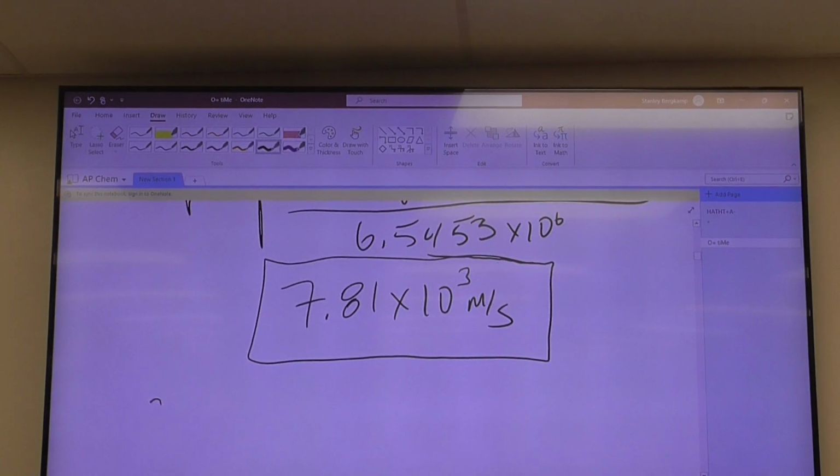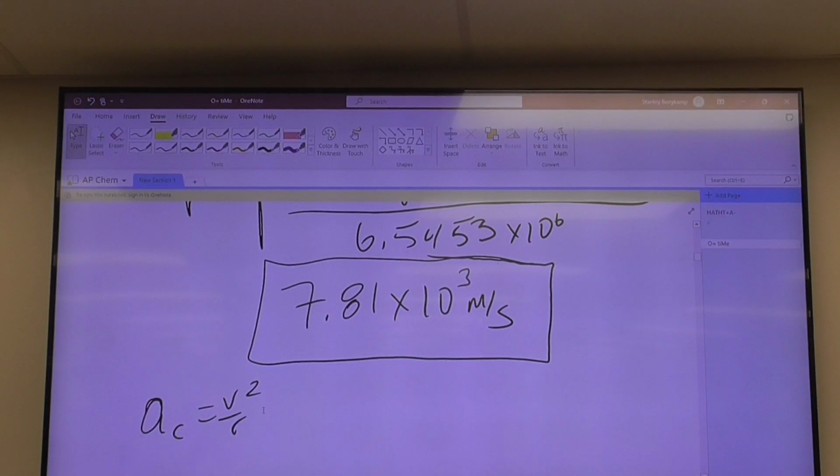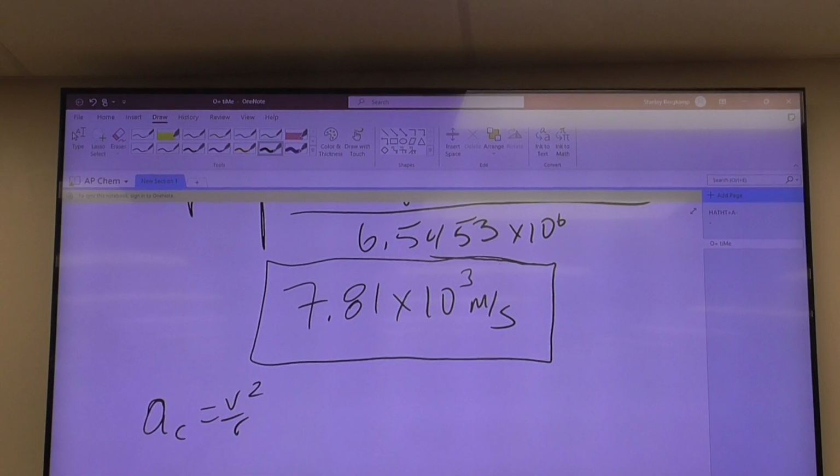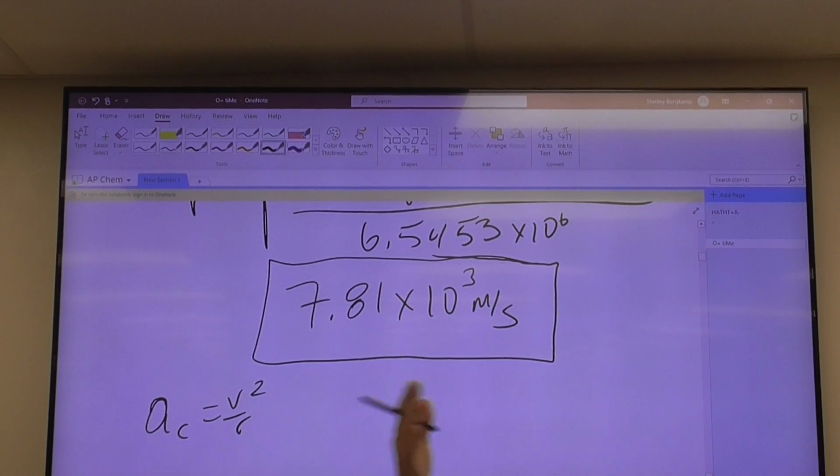Now, at this point, we know that centripetal acceleration equals v squared over r. True? True. We have Luke's velocity. Could we find the value of Luke's centripetal acceleration? Yeah, because now we know how fast Luke is going, and we know the radius.